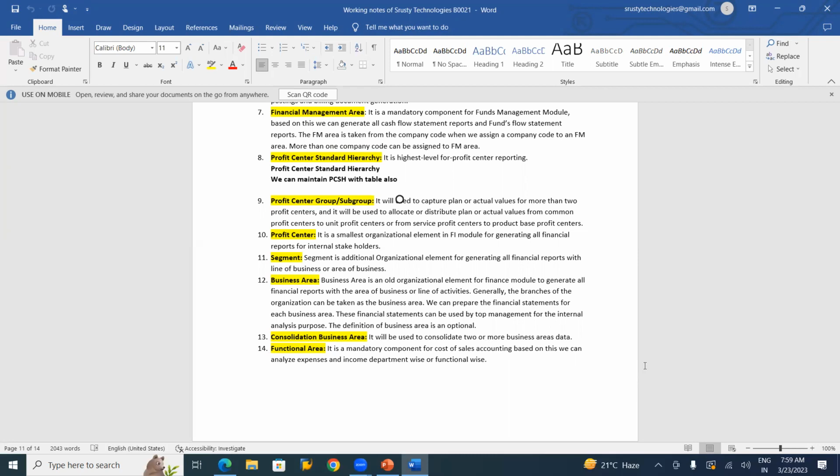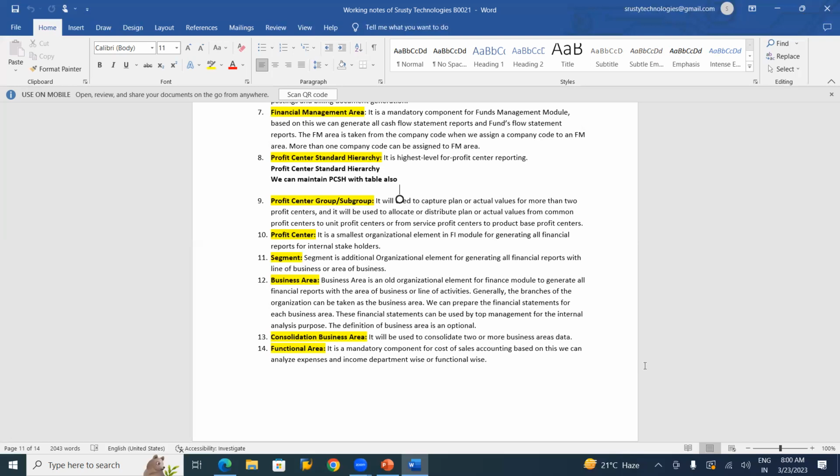In the CO module, we are going to discuss internal orders, cost center accounting and all those things. WBS element we are going to discuss in asset accounting. So WBS element and network activity are not part of profit center. Next one, profit center.